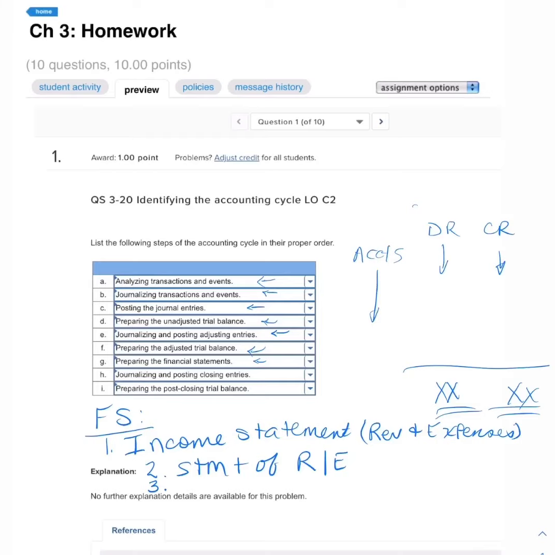Now, the third financial statement that we want to prepare is called the balance sheet. The balance sheet is described best by the accounting equation. If you recall back in chapter 1, I told you if you were only going to learn one formula for this entire class, the one to learn is the accounting equation.